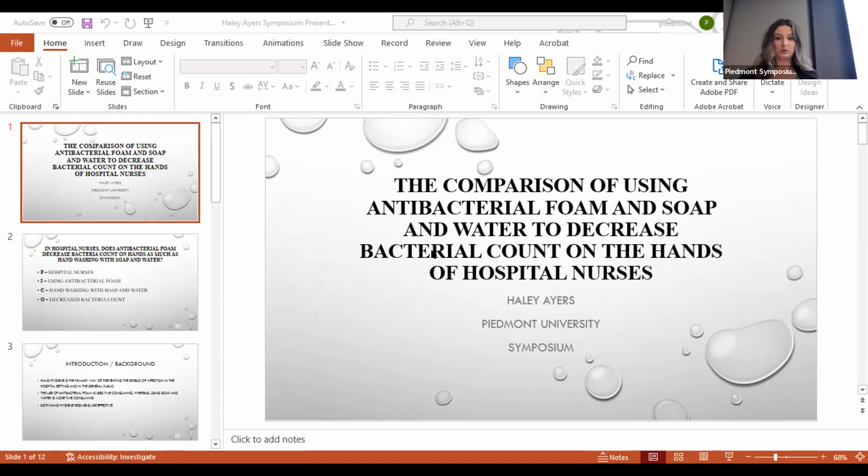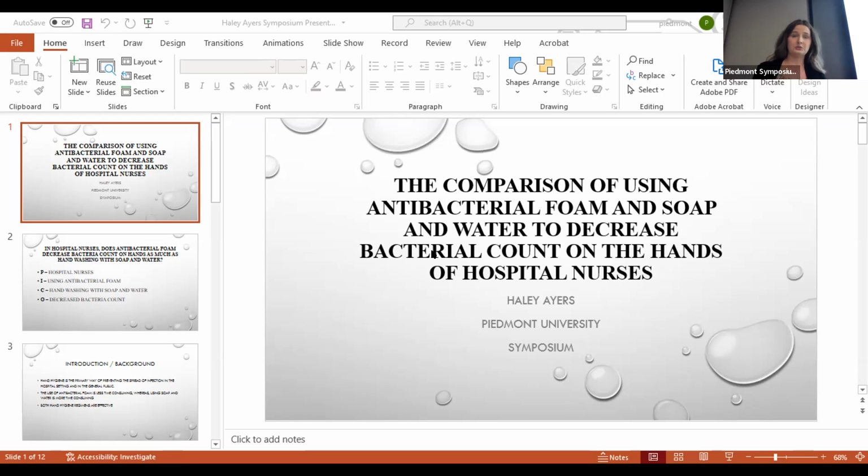My next article that I found was hand hygiene with soap and water is superior to alcohol hand rub and antiseptic wipes for removal of Clostridium difficile, also known as C. diff. So the purpose of this trial was to evaluate the use of alcohol hand rub and soap and water and the efficacy in removing C. diff. The sample size included 10 random volunteers with hands experimentally contaminated with C. diff.